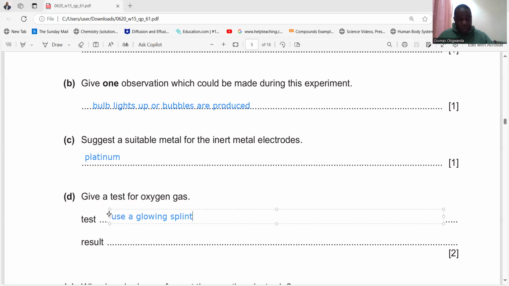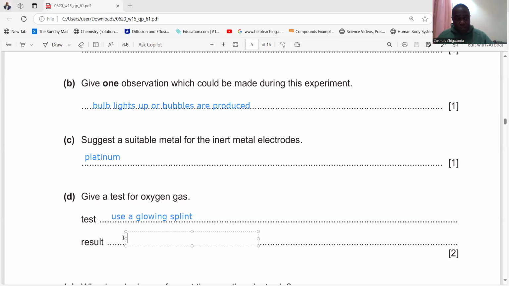And then what will be the result? The result is the glowing splint is rekindled. We go straight to the answer. We don't have time to beat about the bush. This is paper 6, so the time is so limited. So we have to write down our straightforward answer: the glowing splint is rekindled, or the glowing splint relights. Right, so that is our answer there.